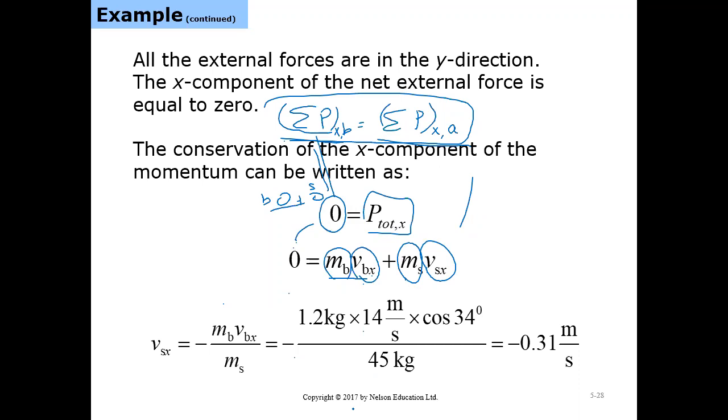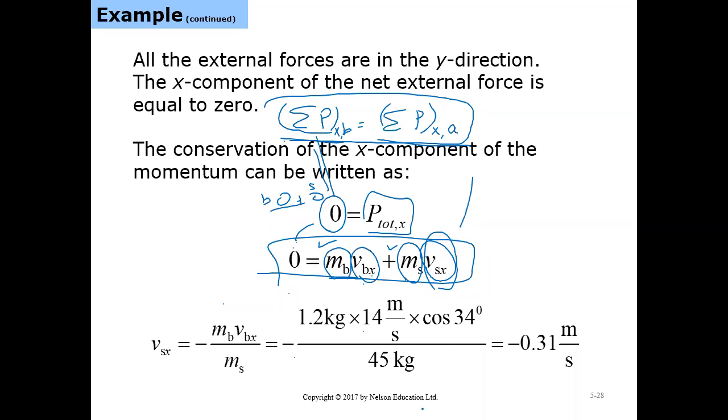Okay, right. So we got this equation. Now, the mass of the bottle is given, the mass of the skater is given, and the velocity of the bottle is given. She throws it with a certain speed at a certain angle. The only thing we don't know is what happens when she throws the bottle. If you're in an ice skating ring and you throw something, you will move backward.